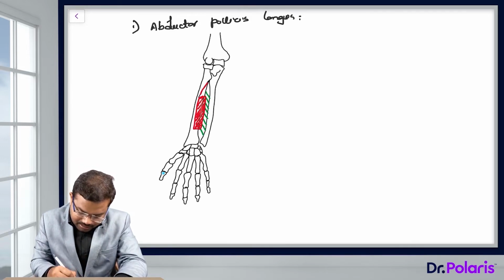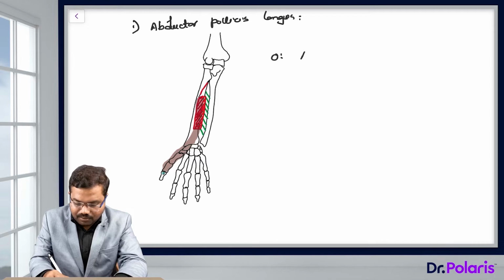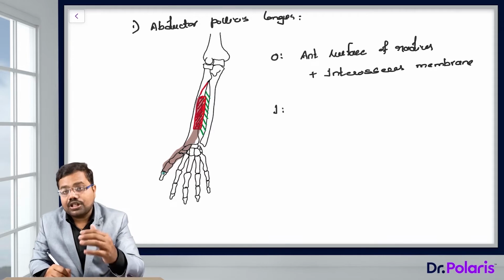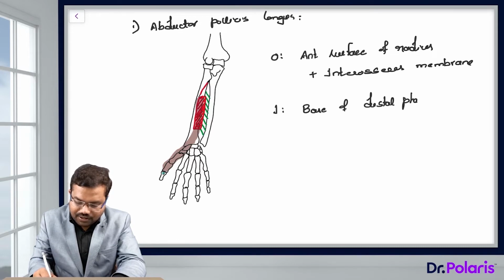So the origin is from the anterior surface of the radius along with the adjacent interosseous membrane. Not the entire membrane, only the adjacent interosseous membrane towards the radius. And the insertion is towards the base of the distal phalanx for the first finger.